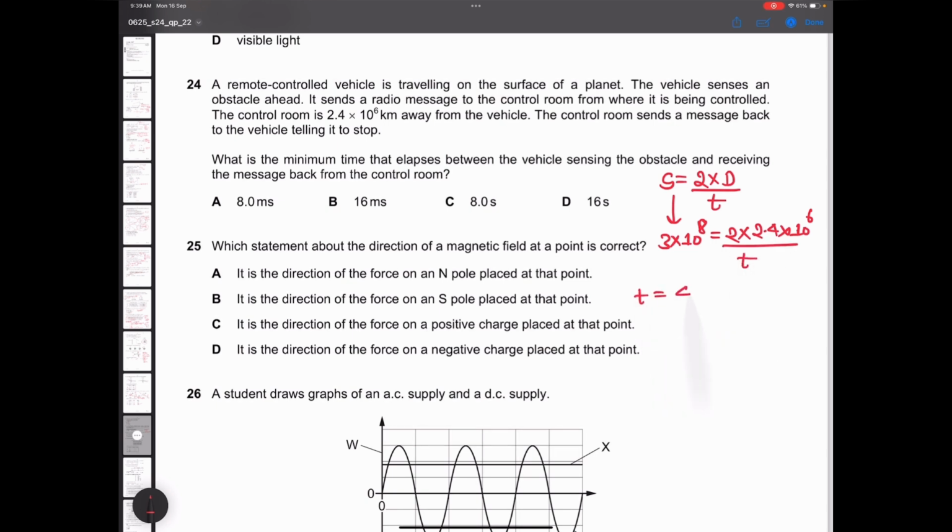So time is equal to 4.8 over 3 into 10 to the power 6 into 10 to the power 8. Now, if we try to solve this, 4.8 divided by 3 is coming out to be 1.6 into 10 to the power minus 2. So this will be 16 into 10 to the power minus 3. And 10 to the power minus 3 is milliseconds. So 16 milliseconds is the answer that we are getting.